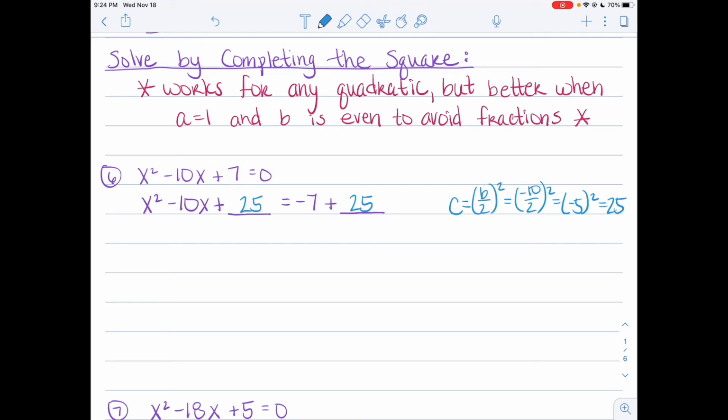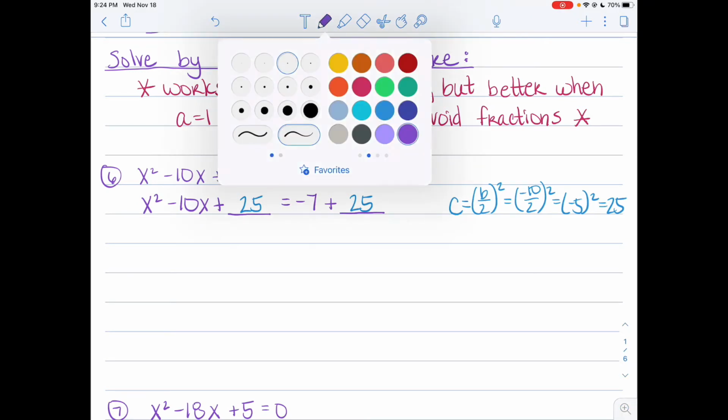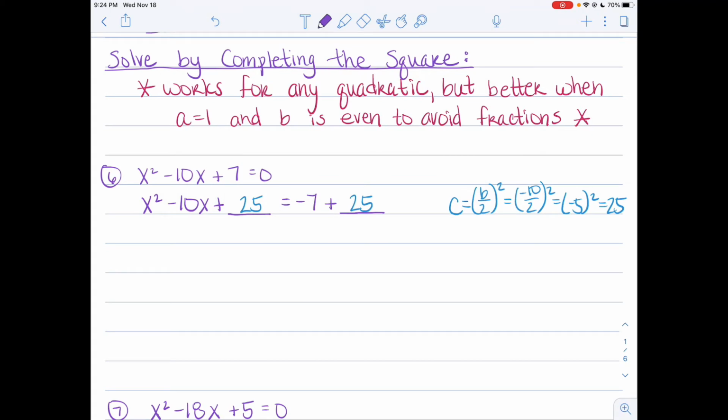Okay, so now on the left-hand side, I have created a perfect square trinomial. So let's go ahead and write this in its factored form. I know that I can write x and that the factor is going to be half of the b value, so minus 5, and I need to square that.